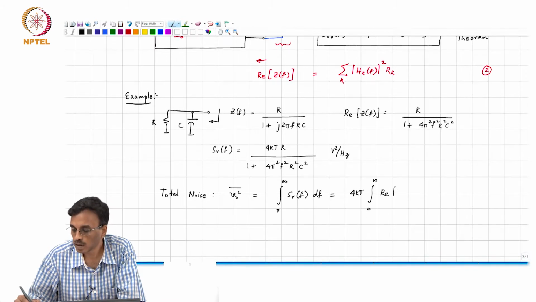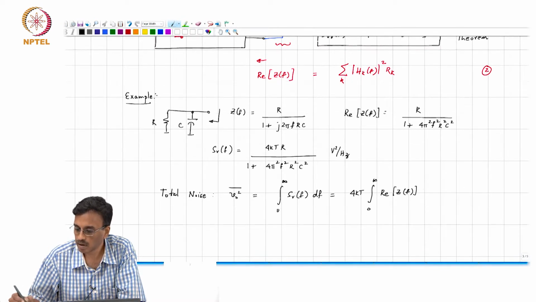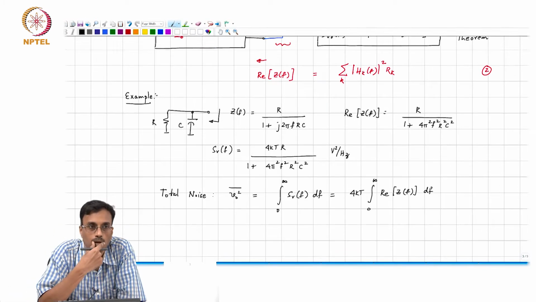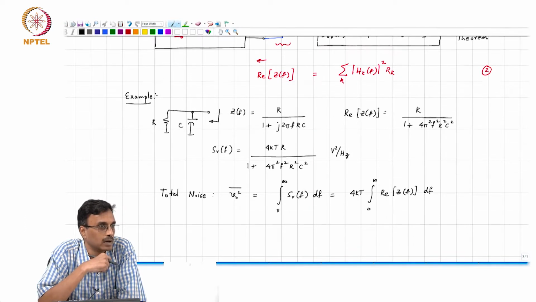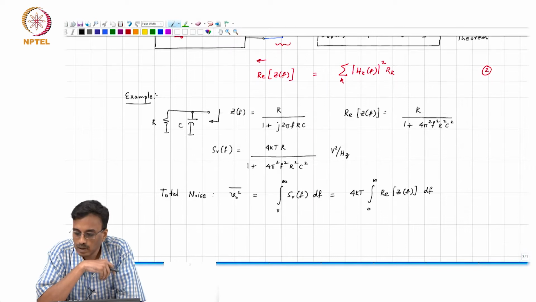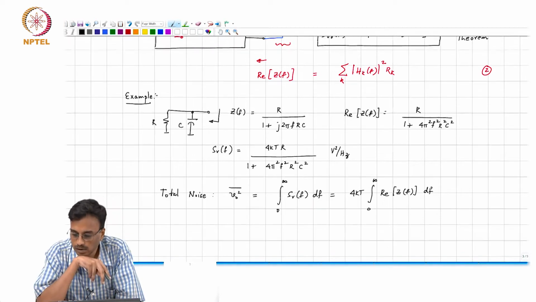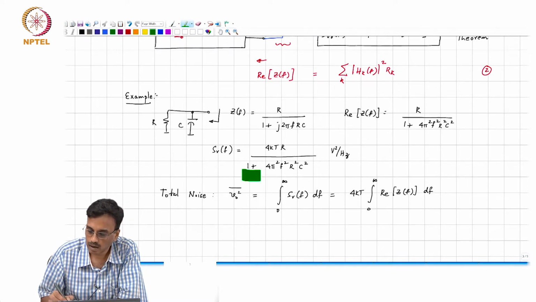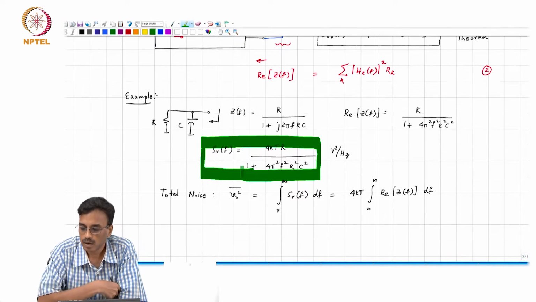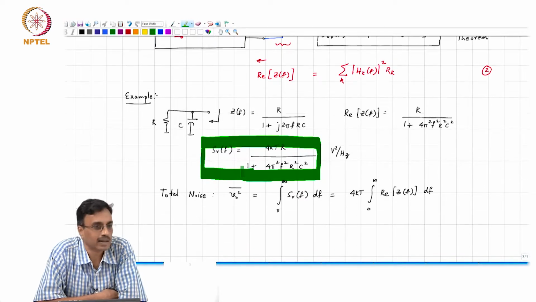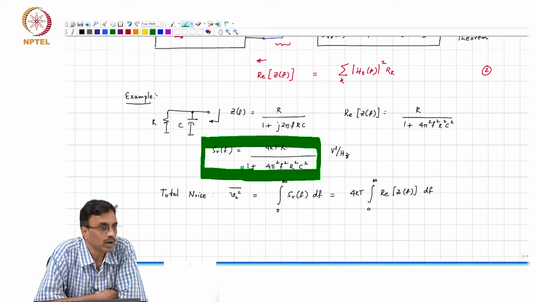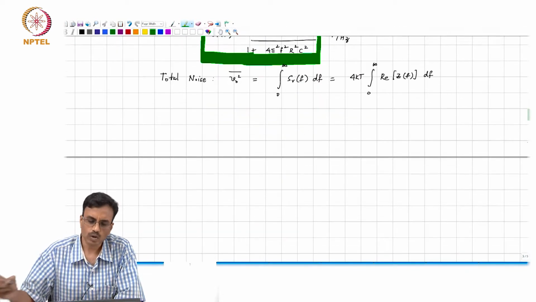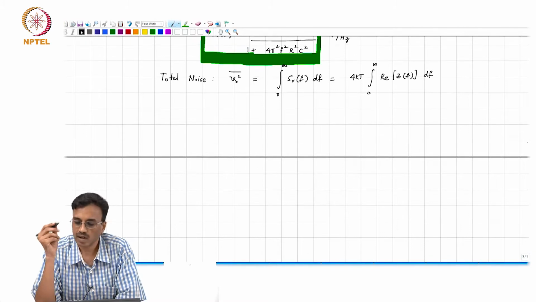Real part of Z of f. Okay. And as we have already seen, the real part of Z of f df is this, and if you integrate this, we did the integral the last time around and we found it to be kT over C.